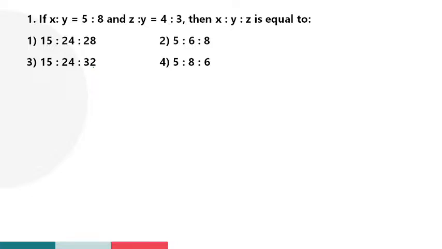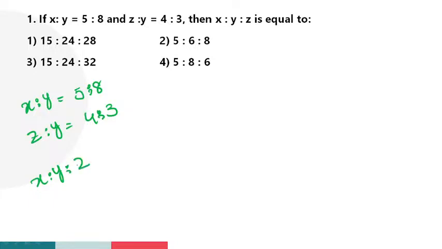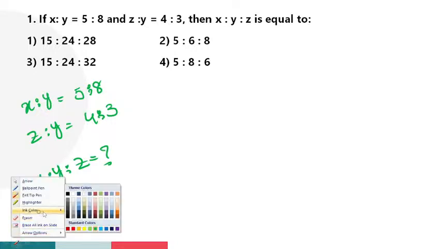Anyone, what is the answer to the given question? x is to y is 5 is to 8 and z is to y is 4 is to 3, then find x is to y is to z. It's a very dead easy question.